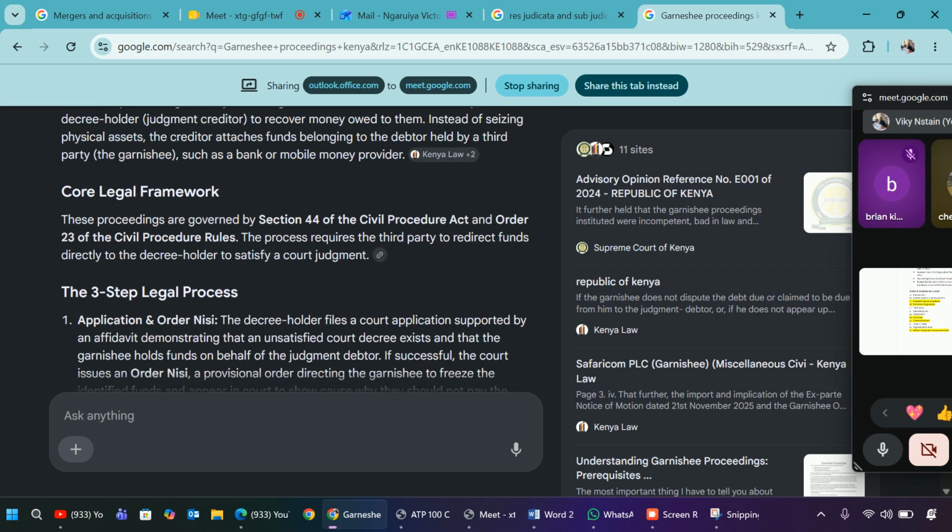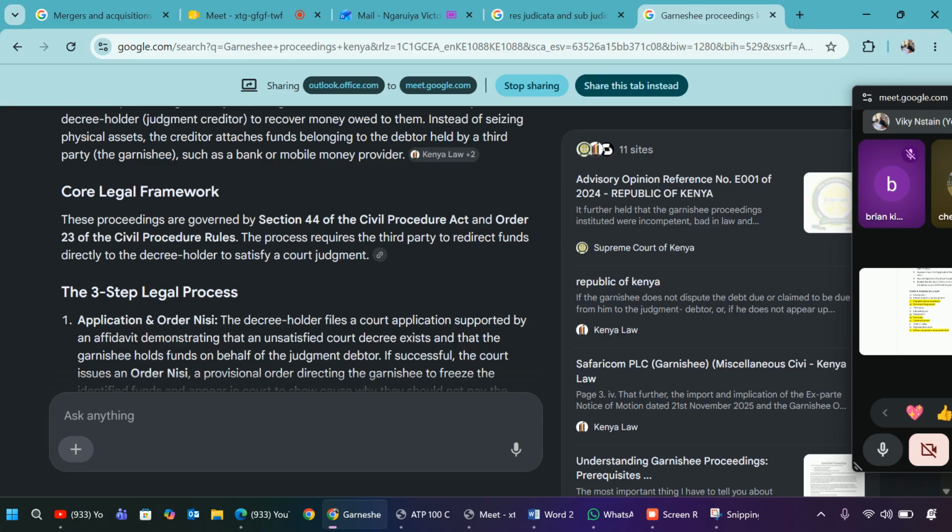So generally, these proceedings are governed by Section 44 of the Civil Procedure Act and Order 23 of the Civil Procedure Rules. The process requires the third party to redirect funds directly to the decree holder to satisfy a court judgment. So a good example that I can give you, let's say you have a personal injury claim, RTA, road traffic accident.